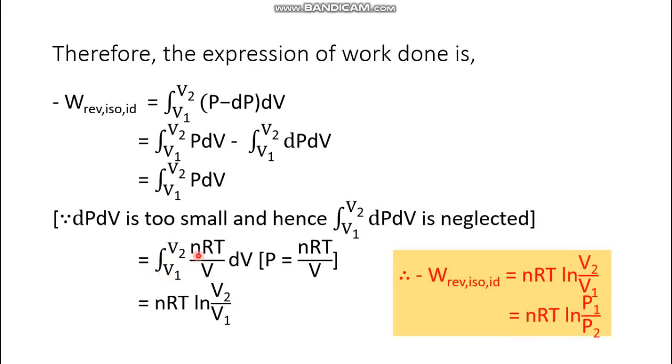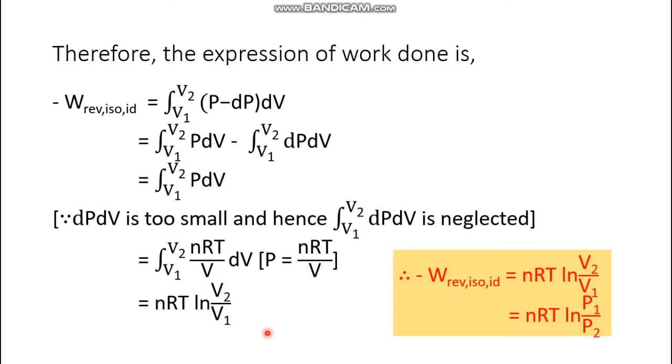So V1 to V2 nRT by V. You can easily integrate this. The integration of dV by V has the result ln V, and with upper limit V2 and lower limit V1, it is ln V2 by V1. So nRT is the constant term and the result of the integration is nRT ln V2 by V1. So this is the final expression.